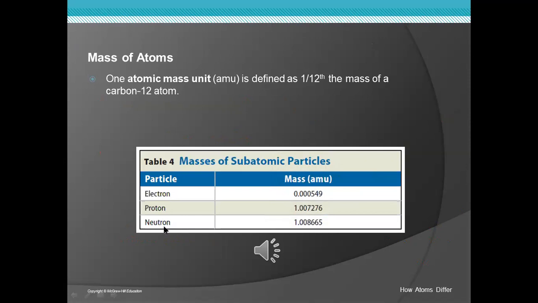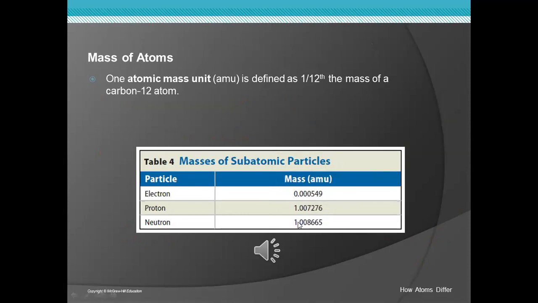One atomic mass unit, AMU, is defined as 1 over 12 of the mass of carbon 12. The mass of electrons, protons, and neutrons is given here.